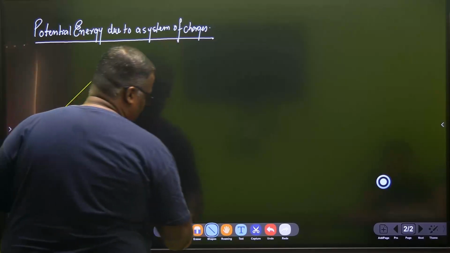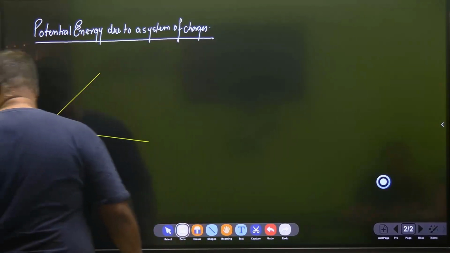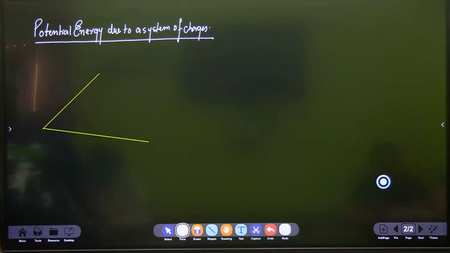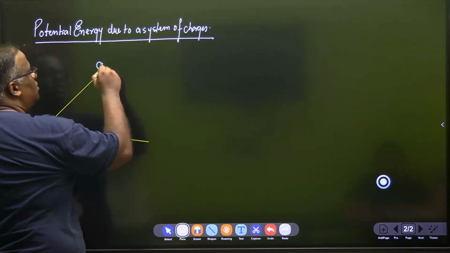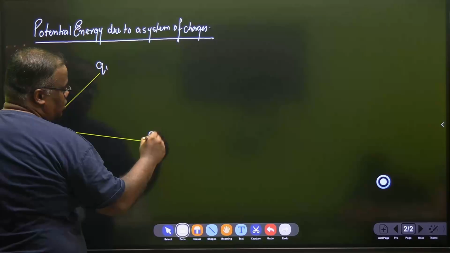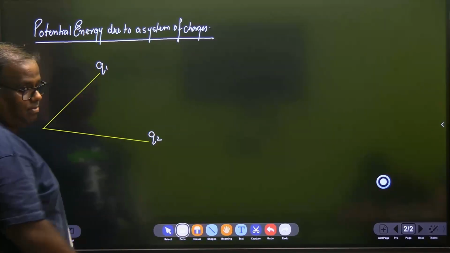Okay. It says, consider a simple case of two charges Q1 and Q2. So let's say this is a charge Q1 and this is a charge Q2. These are two charges, right?